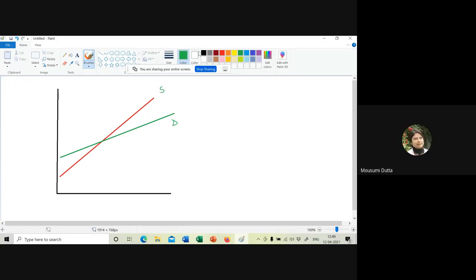Okay. And if I consider this kind of price, so there is an excess demand. Price will go up.